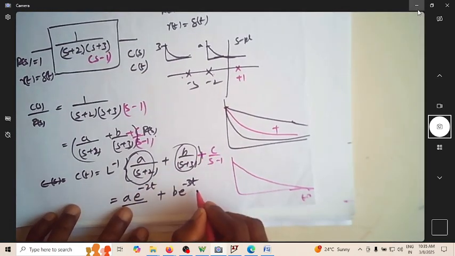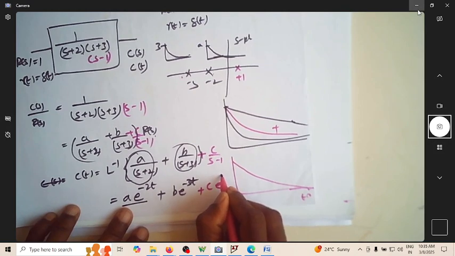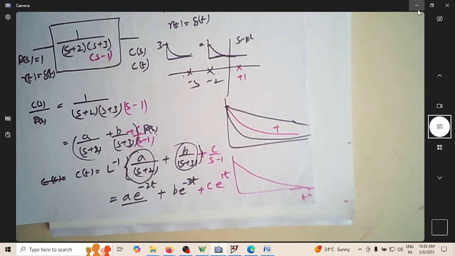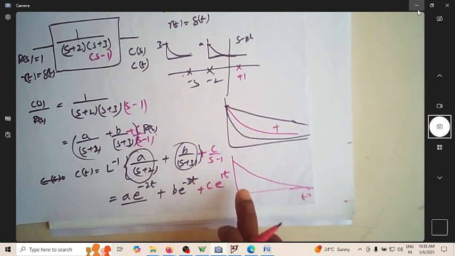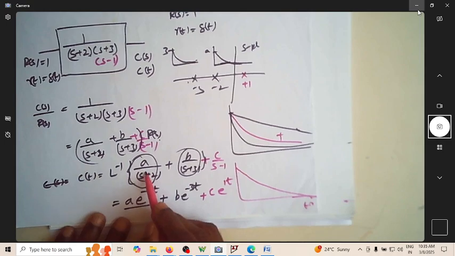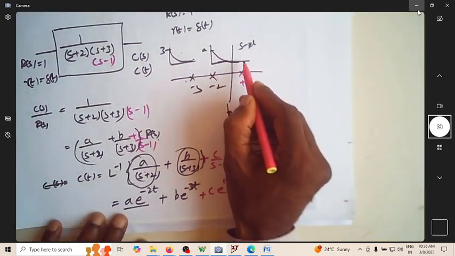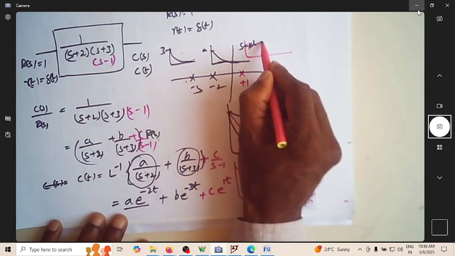But what is the Laplace inverse of this? Is it not C e^(t)? Because this s minus 1 will result in e^(t). So when it is e^(t), you have the response of this something like this.